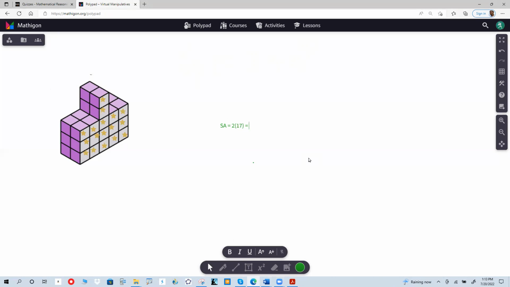I have to do a few other things. We'll find out. Now I'm going to erase all the stars. I have taken care of the front 17 and the back 17. With me so far? Yes, sir.